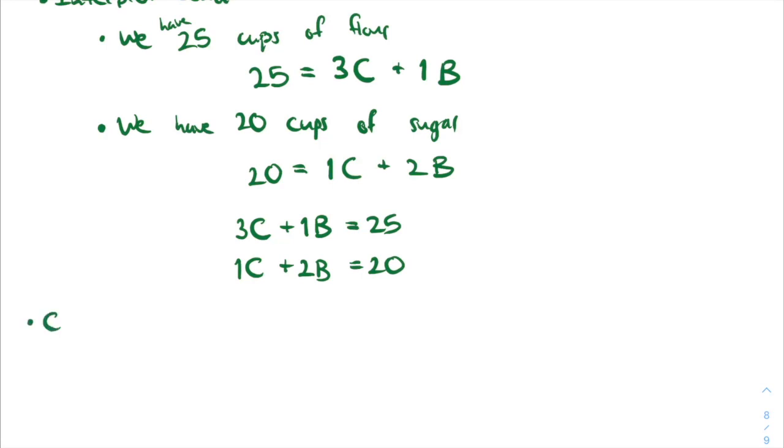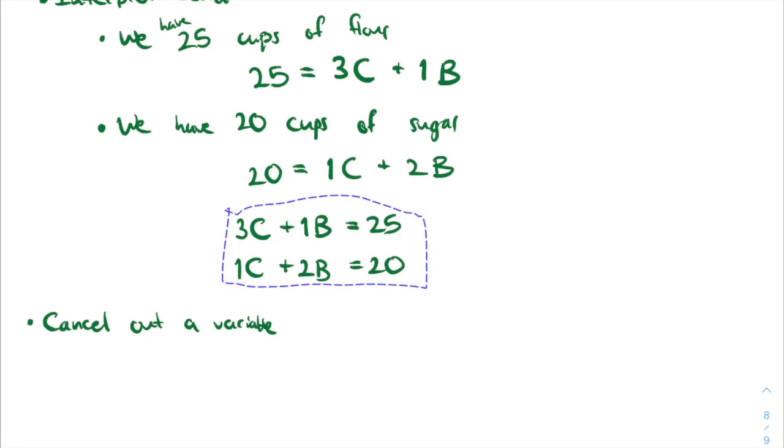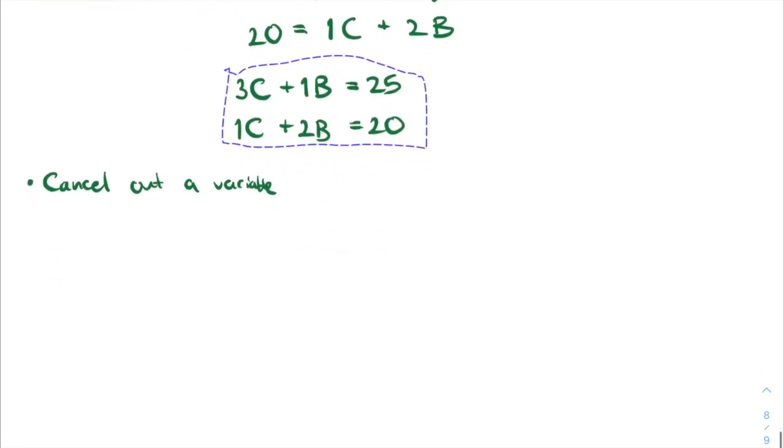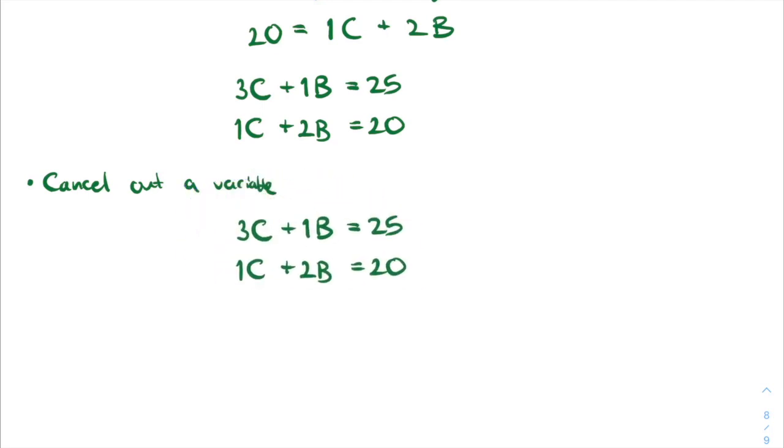Now let's try to cancel out a variable. I see no reason to try to cancel out one over the other, so I'll just try to cancel out the first one, the C. How can I do so?